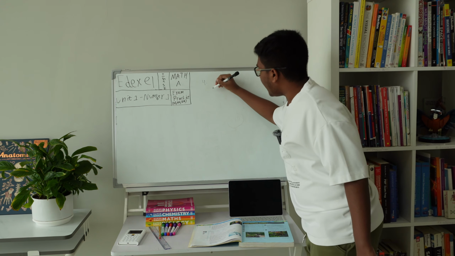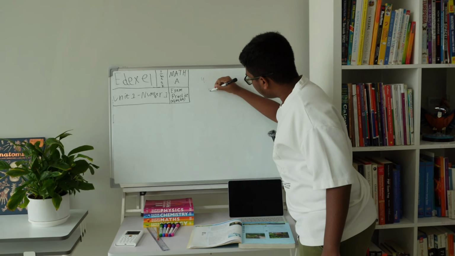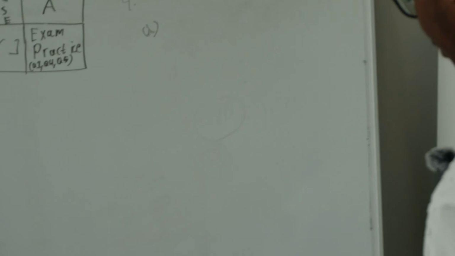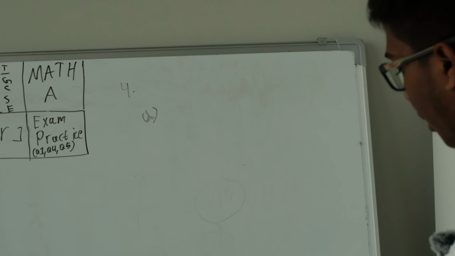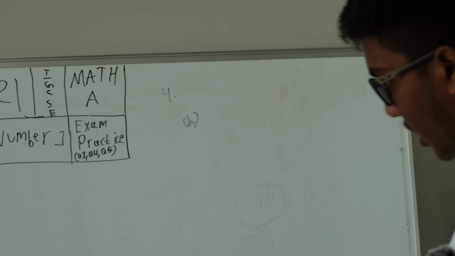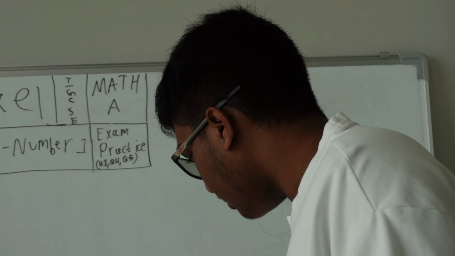So for A, it is 3 plus 2 times 1 plus 4 squared. So 3, okay, you know what, I'll use the blue marker.